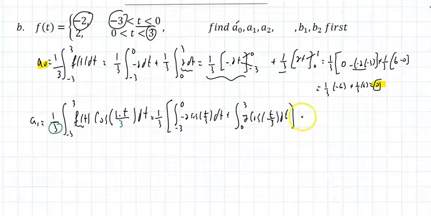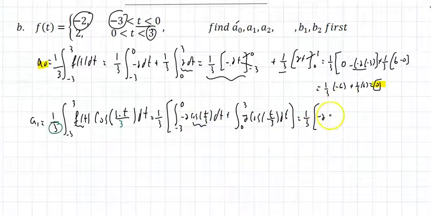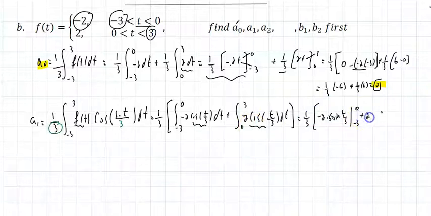So what would that be? That would be 1/3 times negative 2 the sine of t over 3. And if you divide by 1/3, that's multiplying by 3. Evaluated from negative 3 to 0 plus 2 times 3 the sine of t over 3 evaluated from 0 to 3.